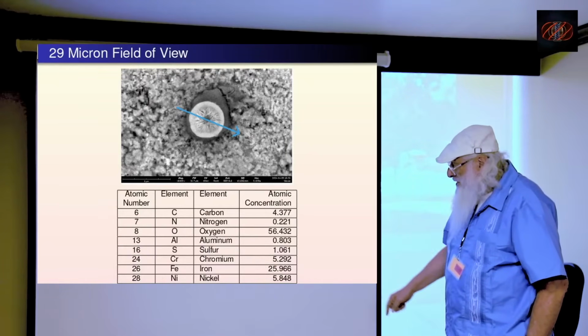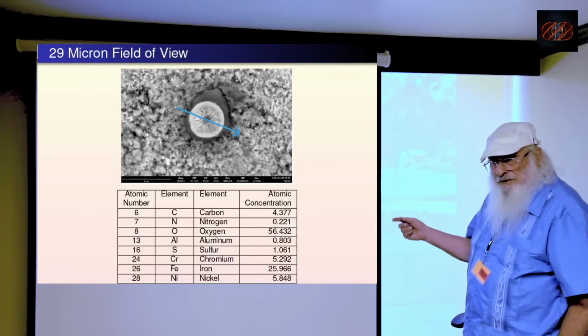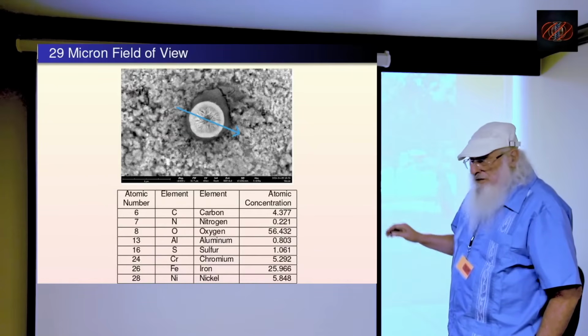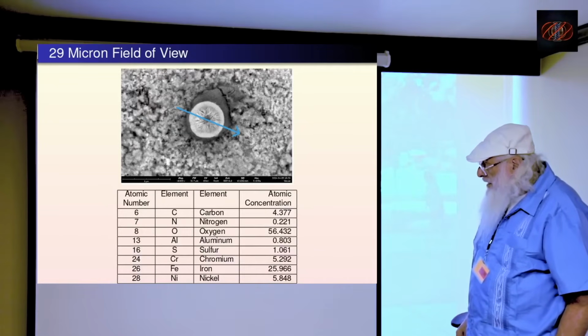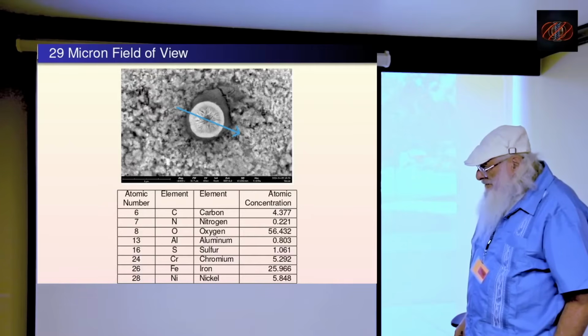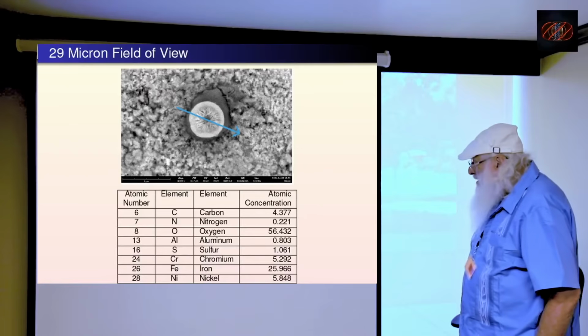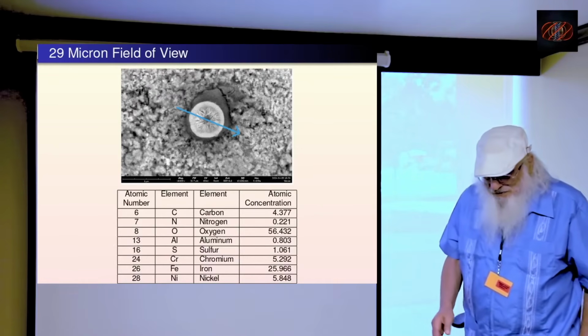And to these concentrations. High concentrations of oxygen, which means we have an oxidation going on. But these other elements, aluminum, chromium, nickel, what about them? That's one.